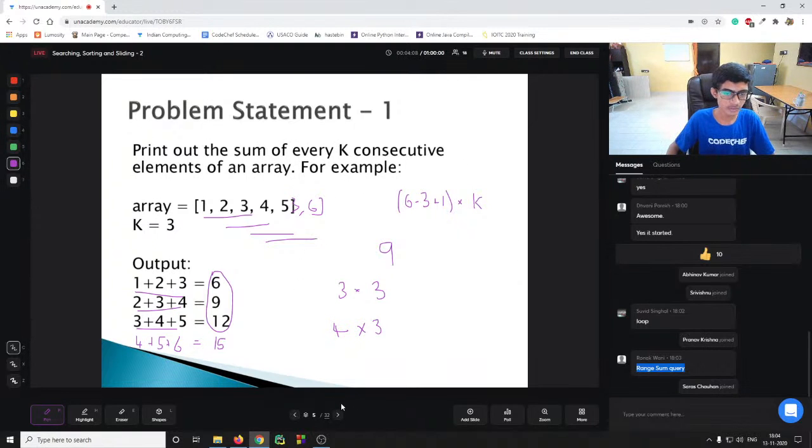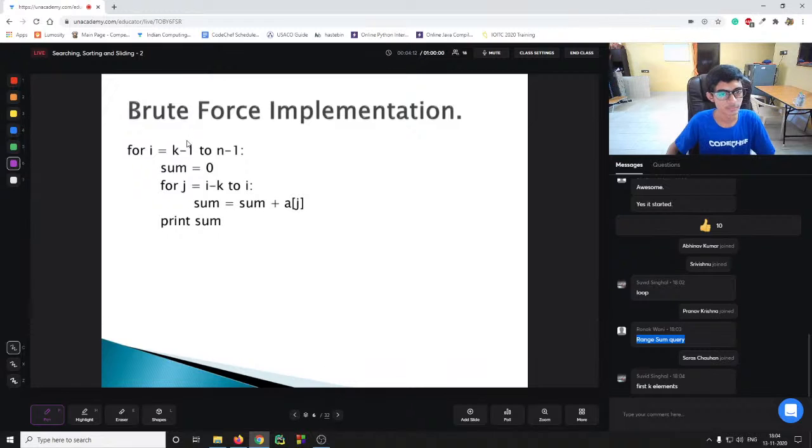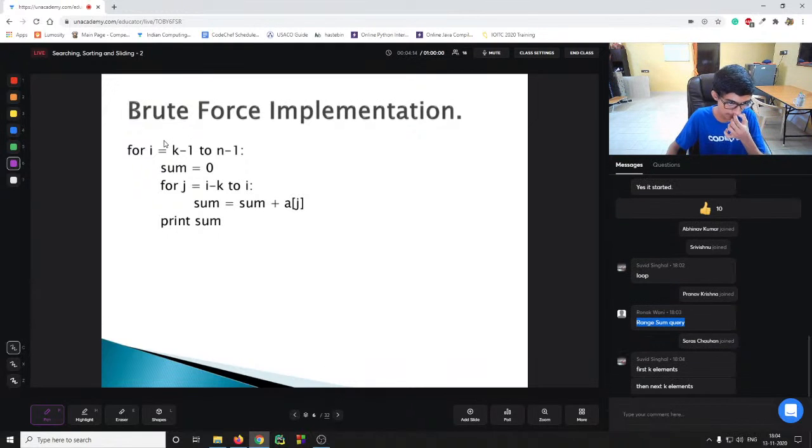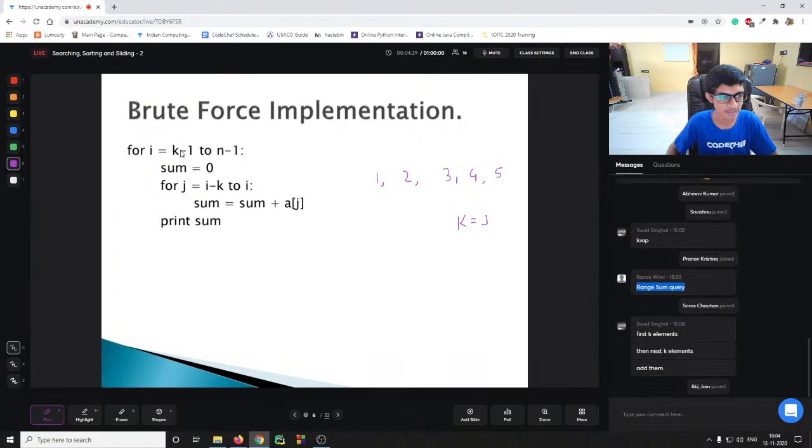Now we are going to talk about how the brute force solution works. Brute force implementation: for i equal to k minus 1 to n minus 1. If we have 1, 2, 3, 4 and 5 and k is equal to 3, we are going to start at index k minus 1.